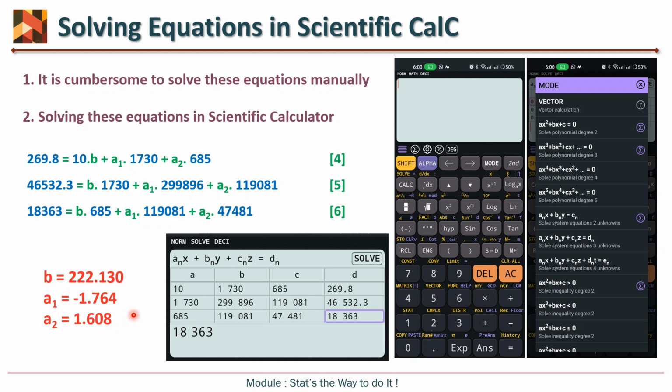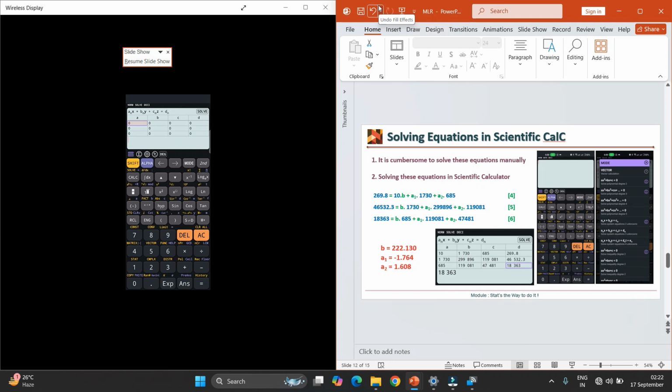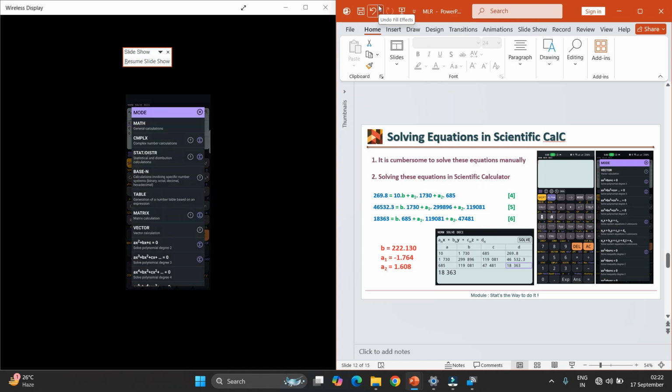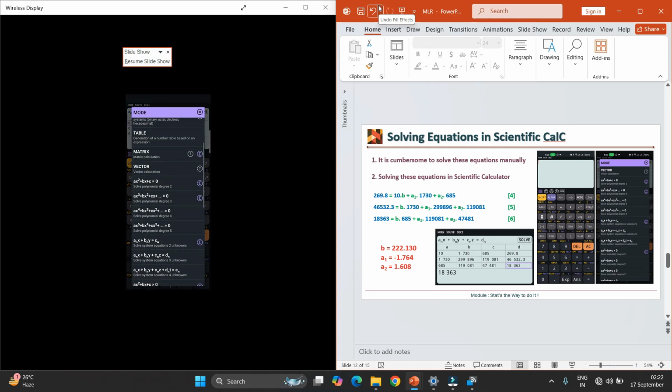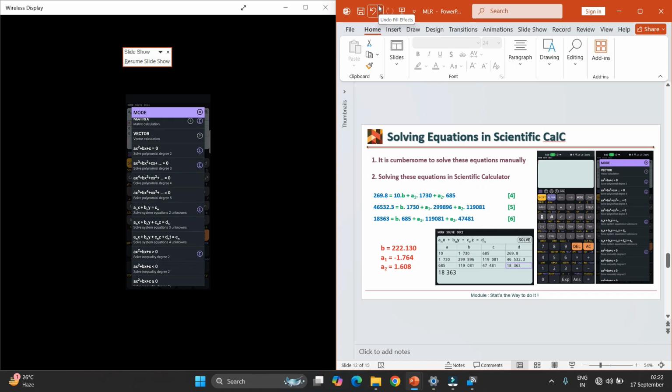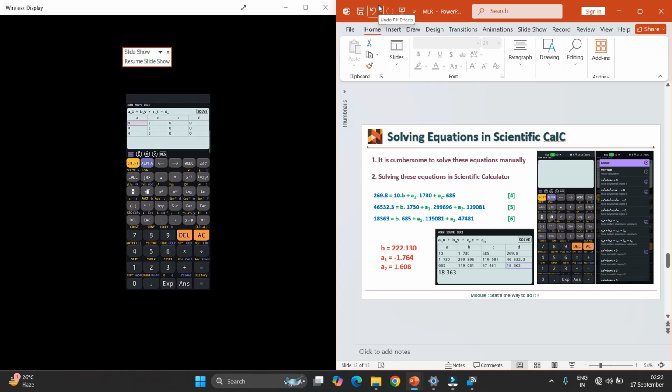Now it's time for the calculator demonstration. So let us have the demonstration of the calculator. I will go to mode, then solve system equation three unknowns, and you will get this table.